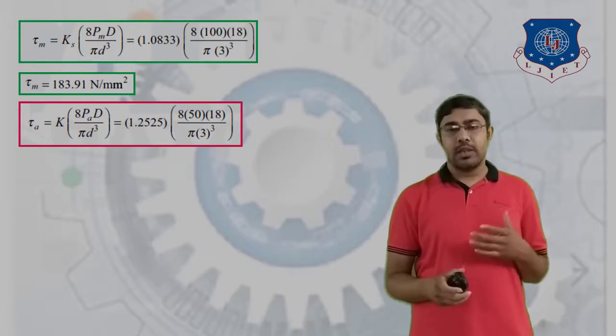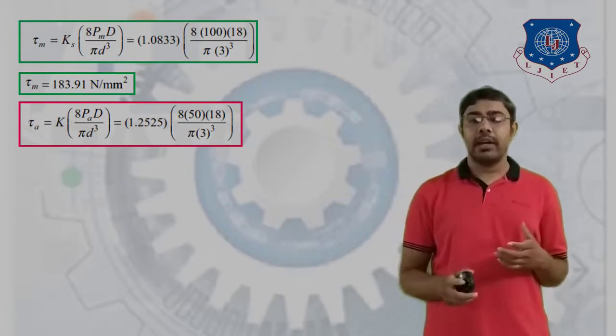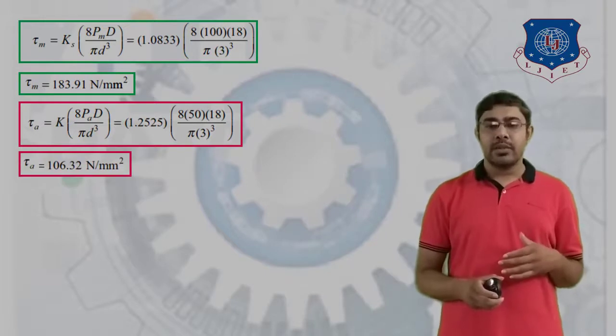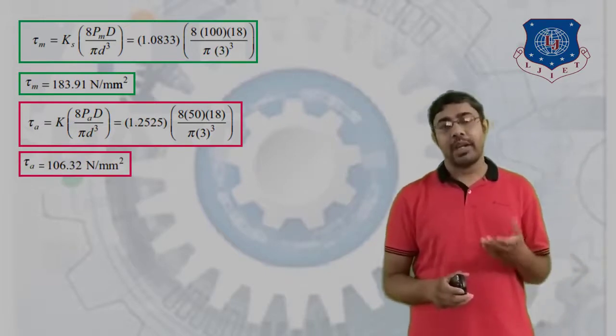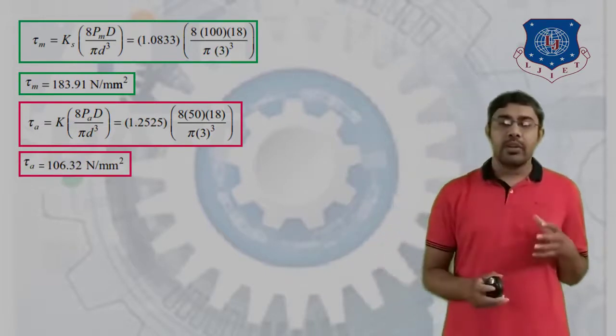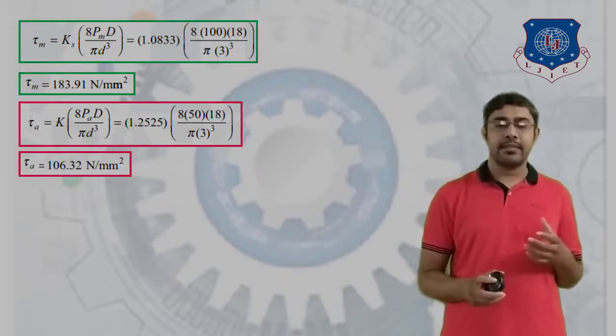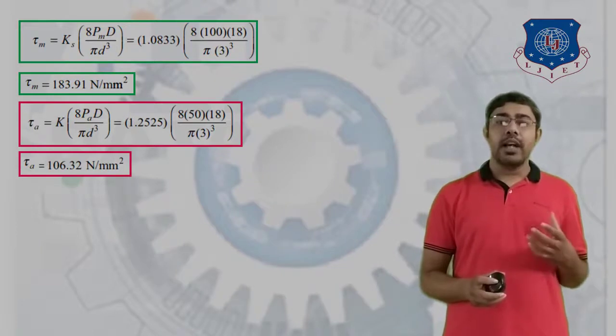If we place all these values, we get the amplitude shear stress, and that is nothing but 106.32 Newton per mm square.